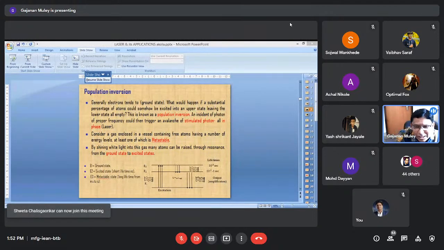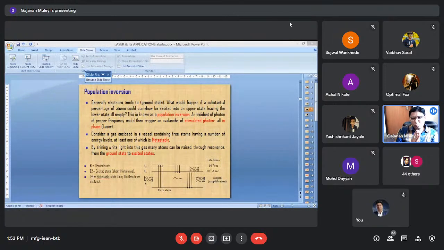Okay, so stimulated emission was first proposed by the scientist Einstein. Initially there was the maser, microwave amplification by stimulated emission of radiation.